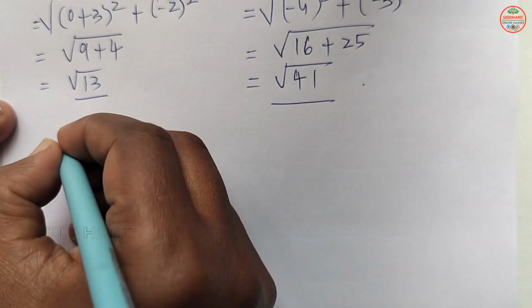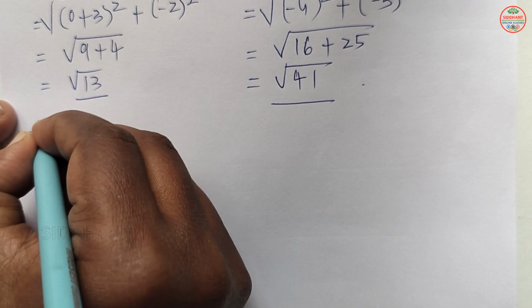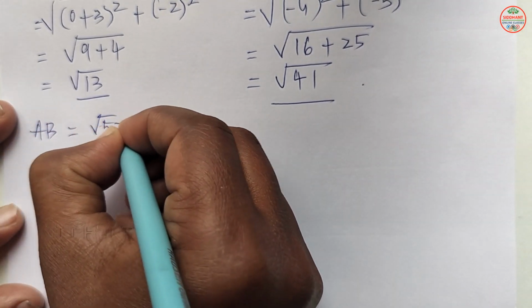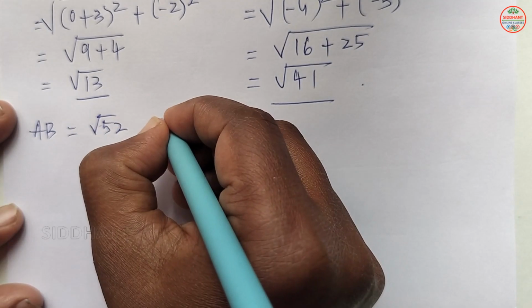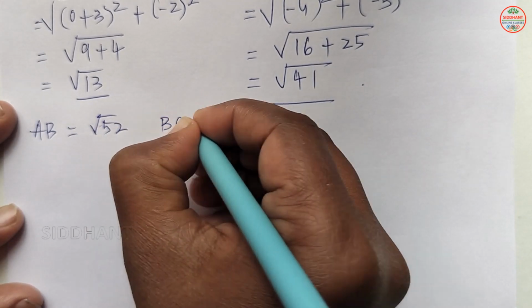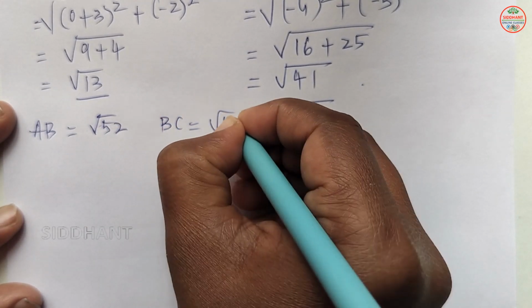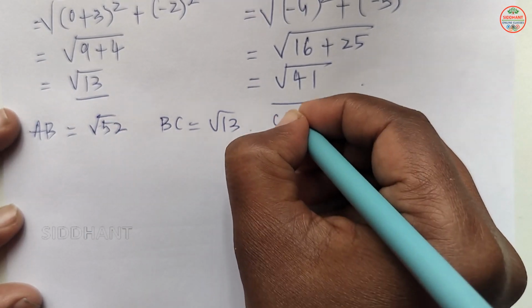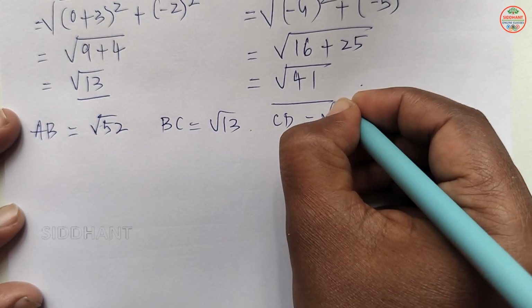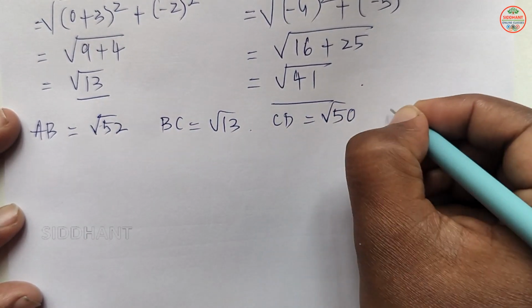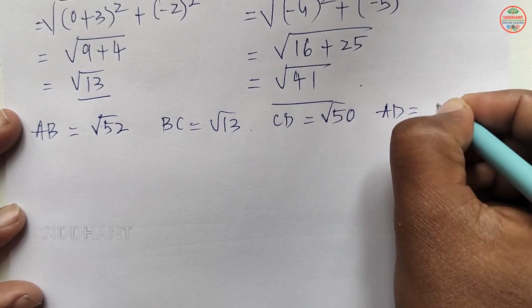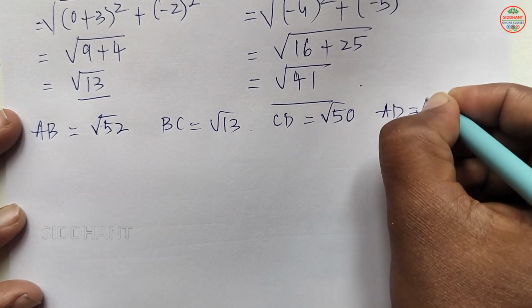So let's check the data now. AB is root 52. BC is root 13. CD is root 50. AD is root 85.